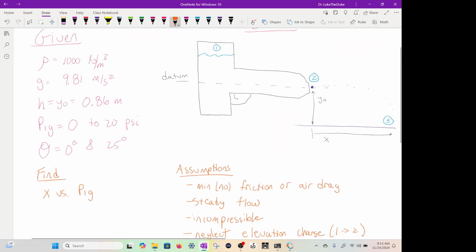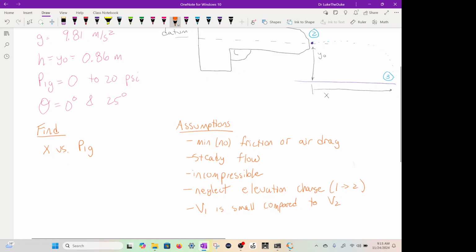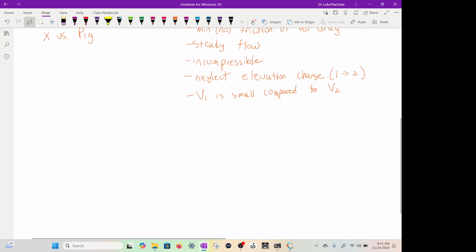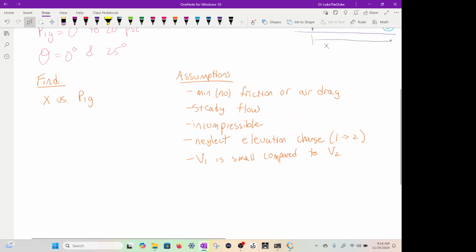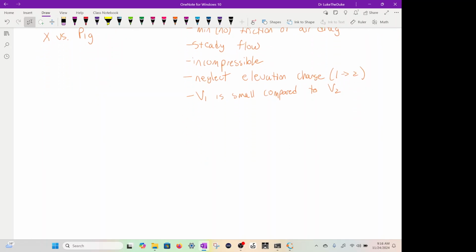So V2 is the velocity of the water coming out of the squirt gun. Why do we make these assumptions? Because with those assumptions, you can use Bernoulli's and you can use projectile motion, because if there's no air drag, we can just assume the only thing affecting the water is gravity. Okay.